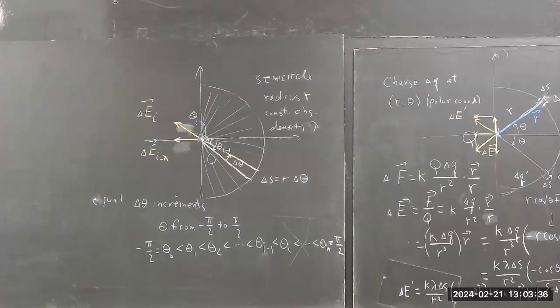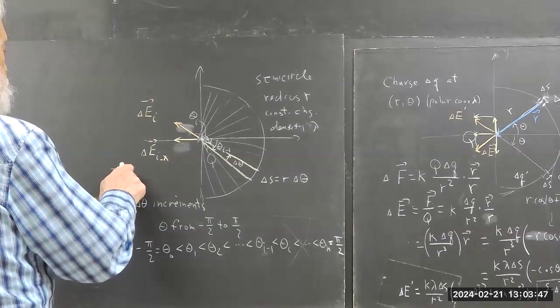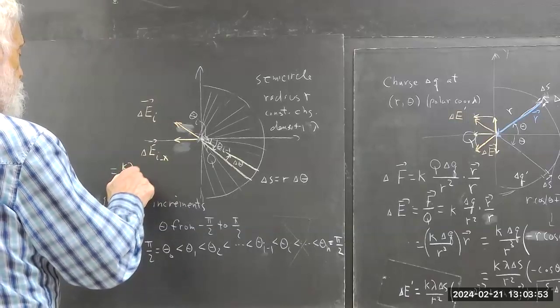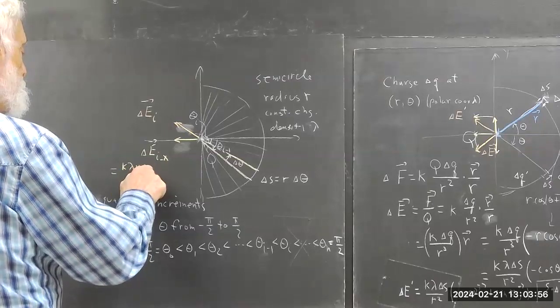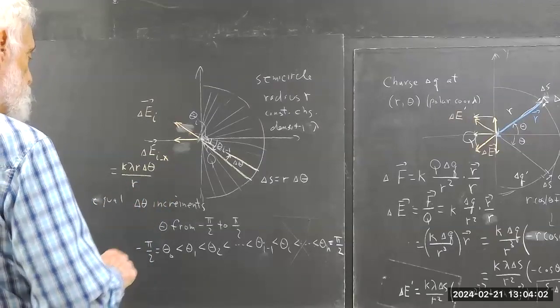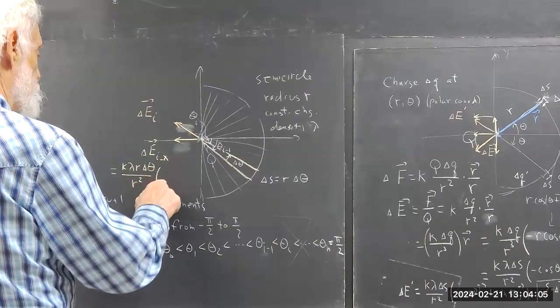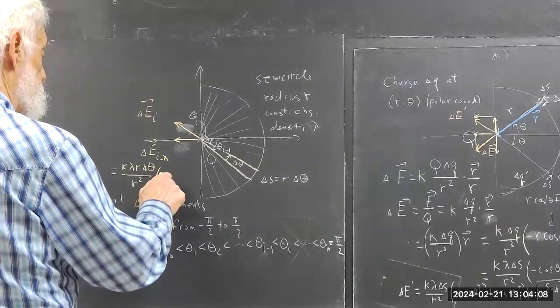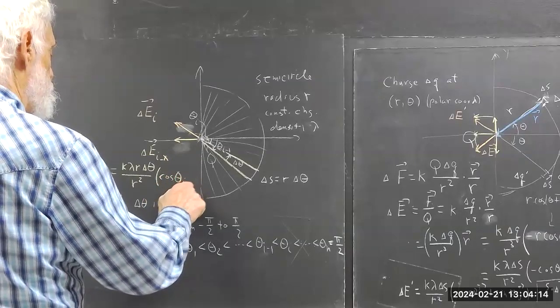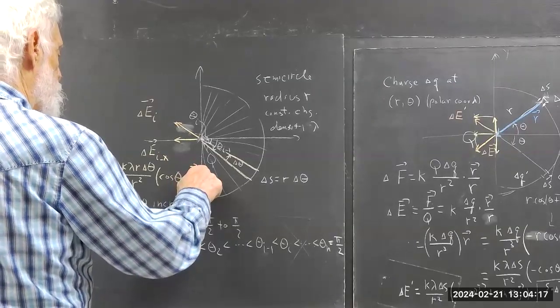And that x component, I'll reason it out again because it's fairly straightforward reasoning, equals lambda R delta theta over R squared times cosine theta sub i times the i vector.